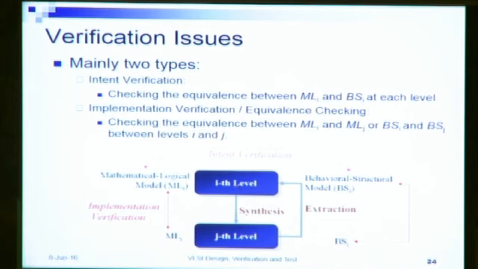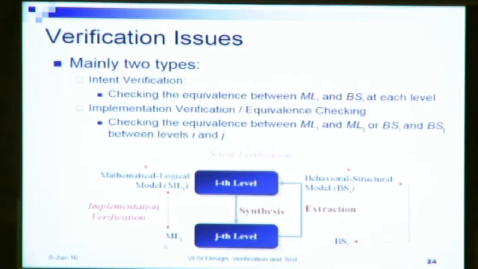This is less detailed, this is more detailed. This is more behavioral, this is more structural, because this is a synthesis process in this direction. And in each of these levels, we can have a mathematical or logical model of the specification. So at the ith level, I have MLi as the mathematical or logical specification.